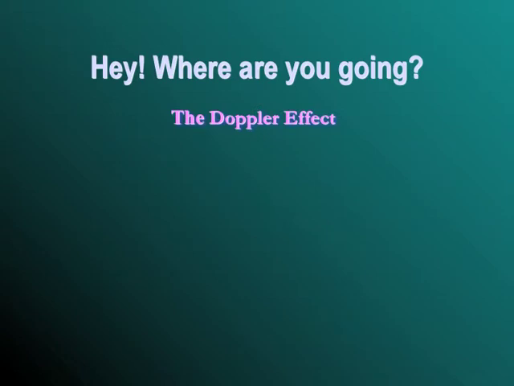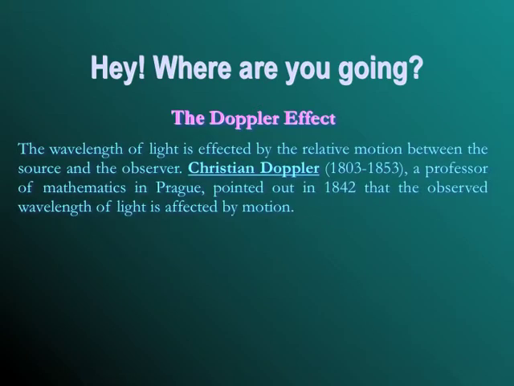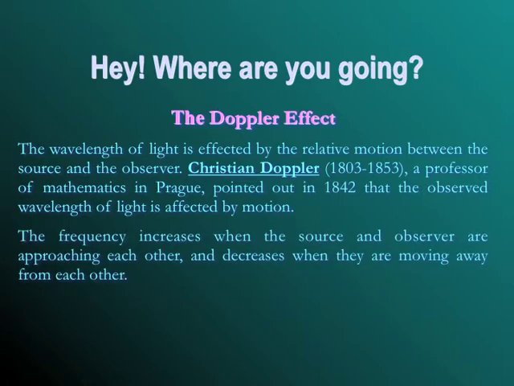Last time we also talked about the Doppler effect, which had to do with light which was in motion. And just as with sound, the frequency increases when an object is moving towards the observer or the observer moving towards the object, and the frequency decreases when they are departing from each other.